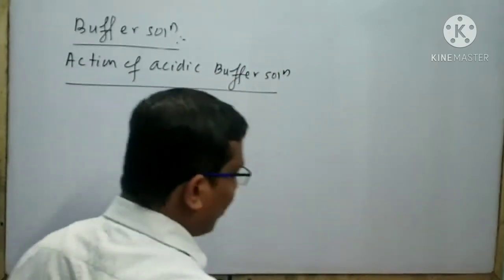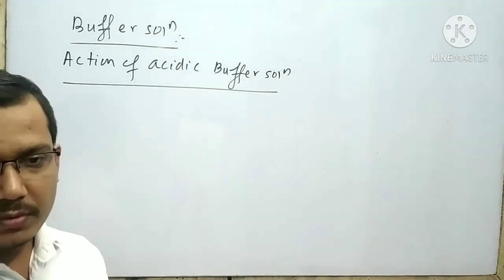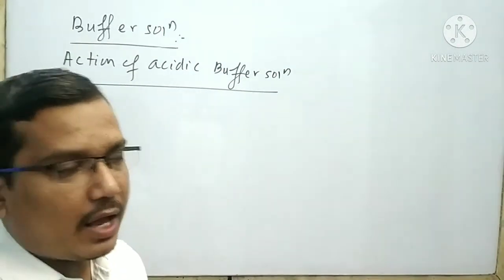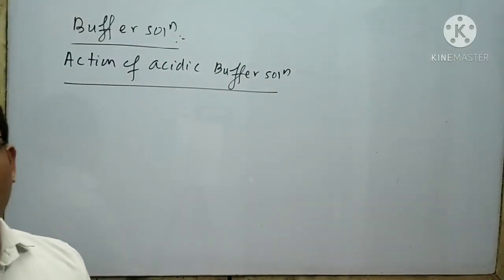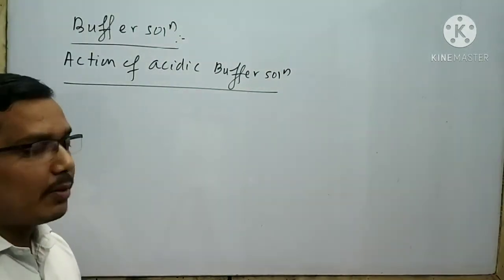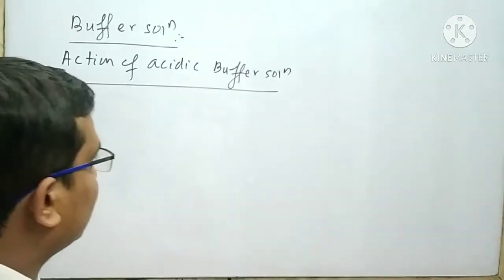That means I want to explain about the role of acidic buffer solution. When I add a small amount of acid or base or water from the outside, why does the pH of the acidic buffer solution not change?